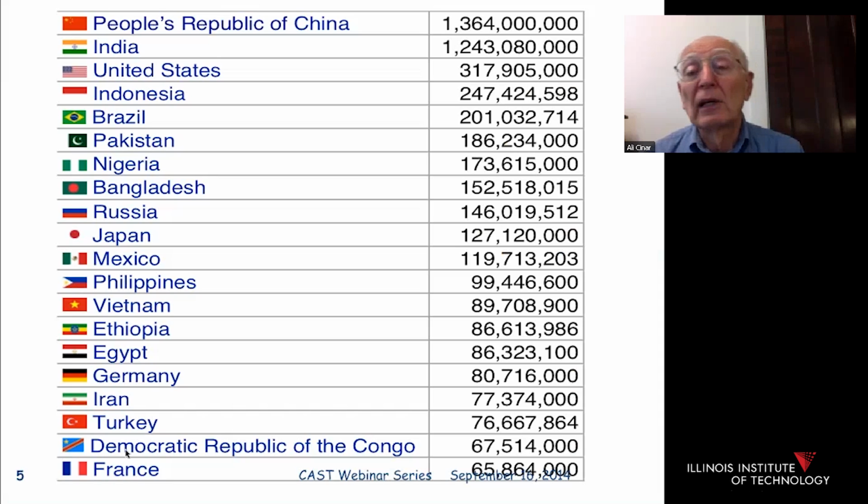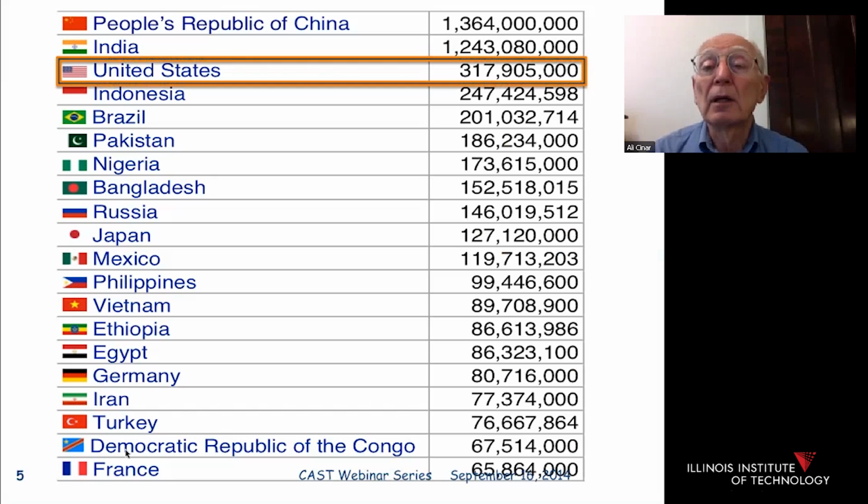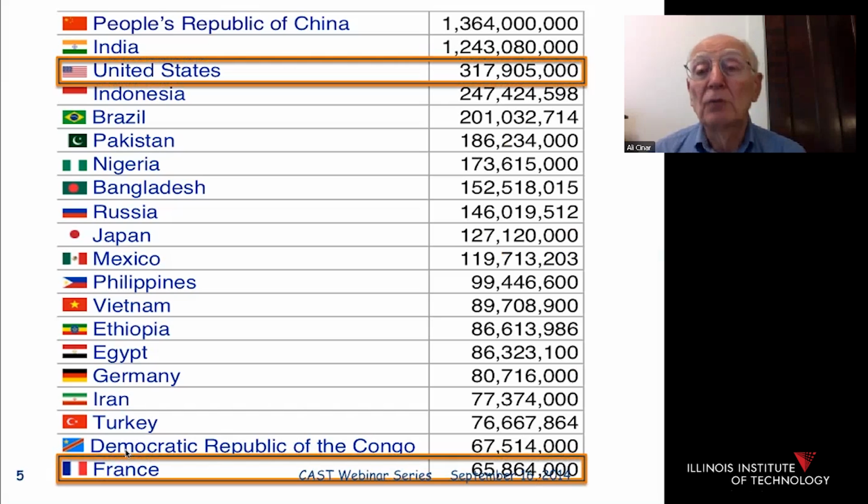I just say that they're both wrong because until the more recent set of statistics, it would have been the United States. With the latest statistics that have been made available, you can add to that now France.